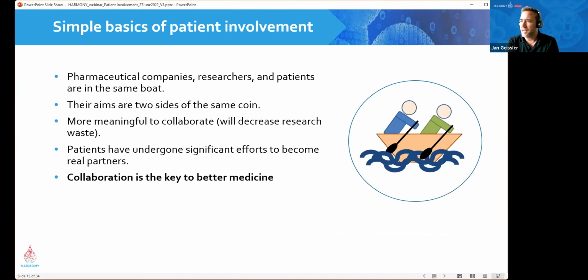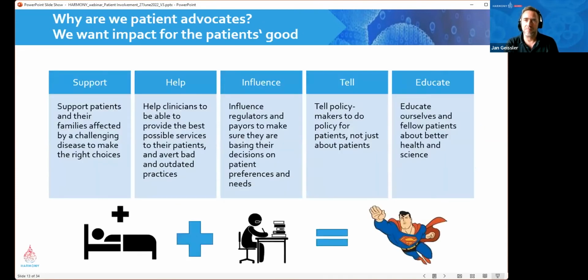Collaboration is key, and I think we're living and breathing that with a project like Harmony, and that's why the whole IHI program has been set up to get on a pre-competitive basis, get people together from academia, from clinics, from industry, from patient organizations, from NGOs, from regulators, to solve and tackle issues where no party alone can actually do that. And over the past years, the patients have undergone significant efforts to actually become real partners of researchers and not just the consumers of medicine.